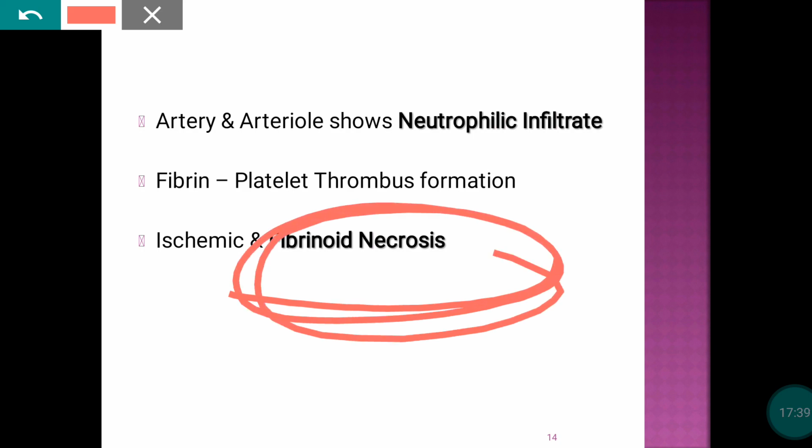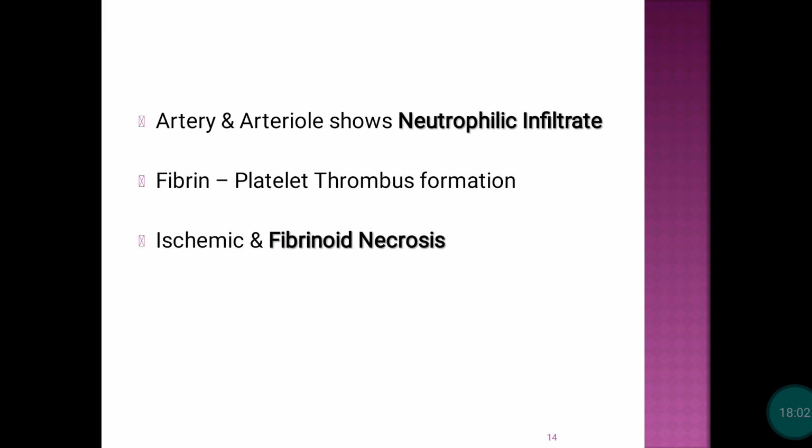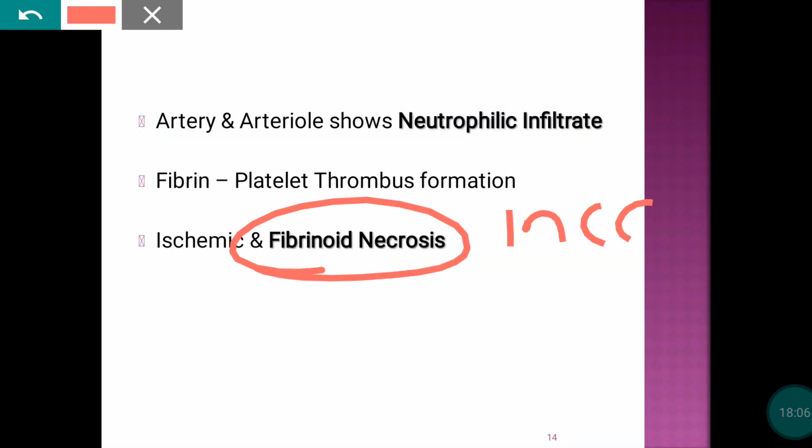Because of endothelial injury there can be thrombosis and it can lead to ischemia, and so there can be finally inflammation and that can lead to fibrinoid necrosis. Because the reaction is rapid there will be neutrophilic infiltrate, there can be presence of fibrin platelet thrombus. So these are the three basic morphological findings. The main key feature is fibrinoid necrosis that can be asked in the MCQ.